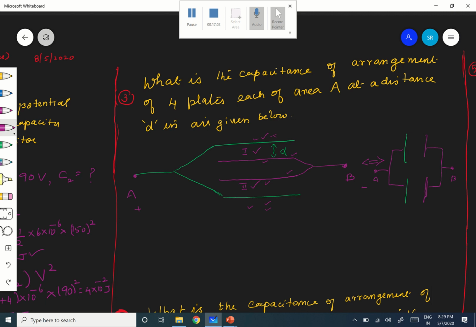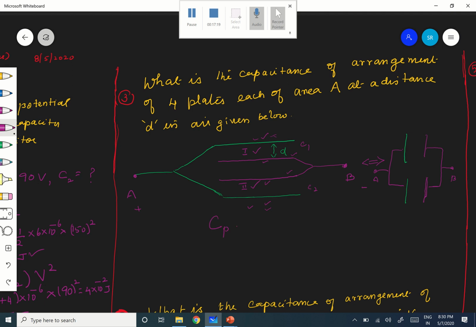Now it is very, very simple. The area of each plate is A and the other factors are the same, and it is in air. This one is C1 and the other capacitance is C2.